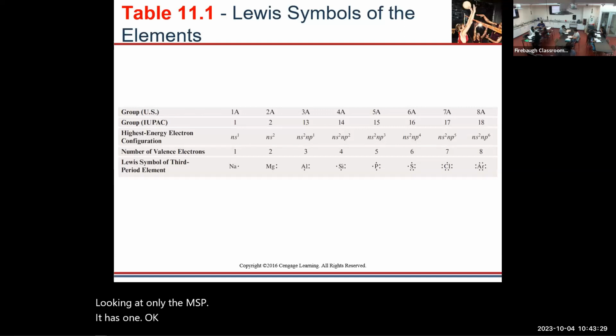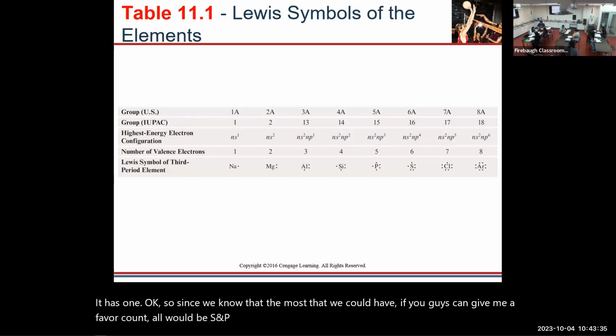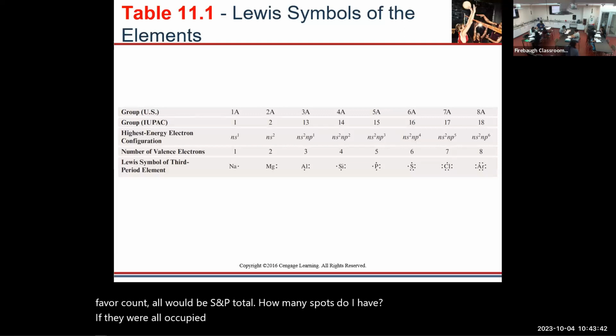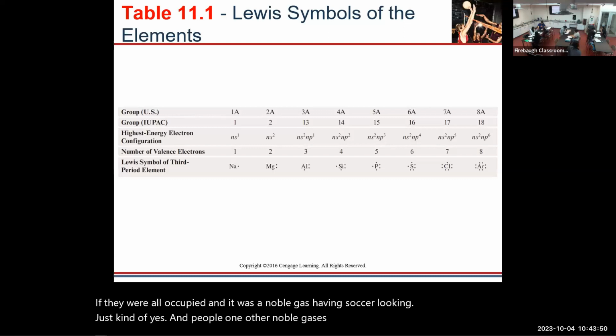Since we know that, count all of the S and P total. How many spots do I have? If they were all filled, like the noble gases, just counting S and P, except for helium, which is special. 8. It has 8 spots, right?